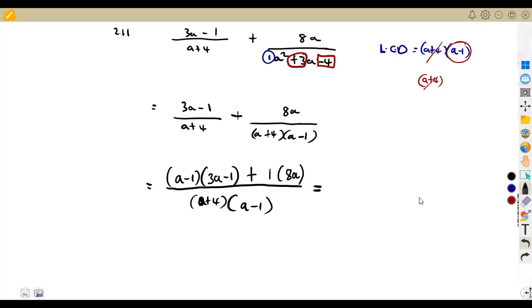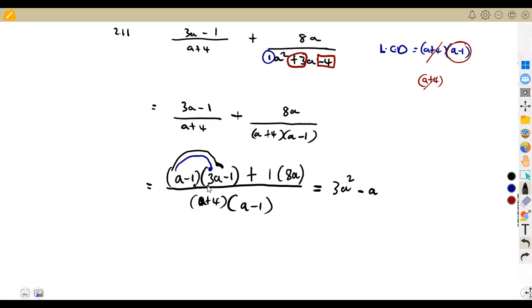Then from there, you can expand your brackets, because you've got 2 brackets that you're considering. So remember, by distributing these brackets, a is going to multiply everything in the second bracket. So that's a times 3a, which is 3a squared, and a times -1, which is going to be negative a. All right, we are done with a. Move on to -1.